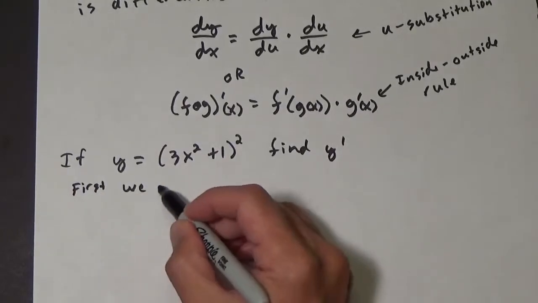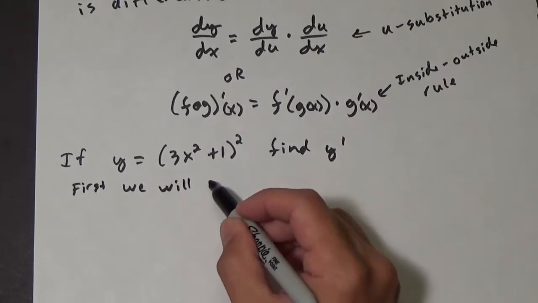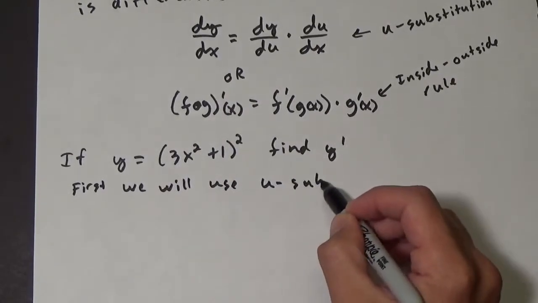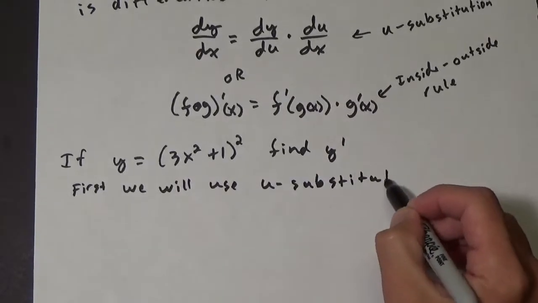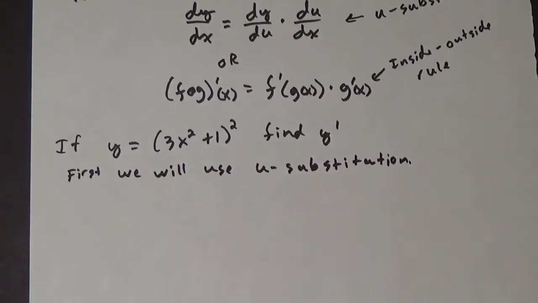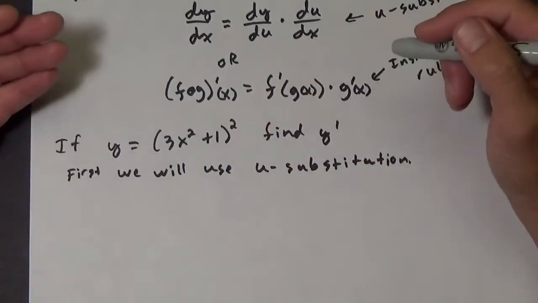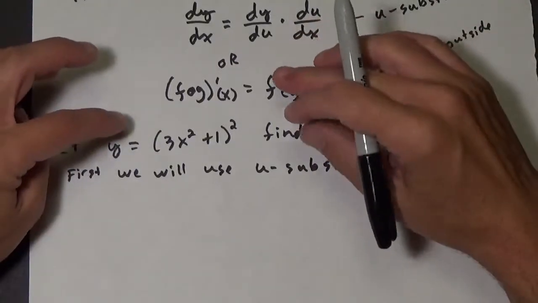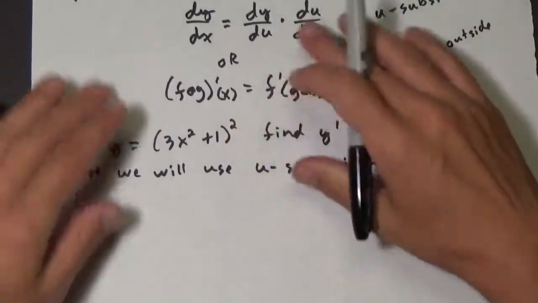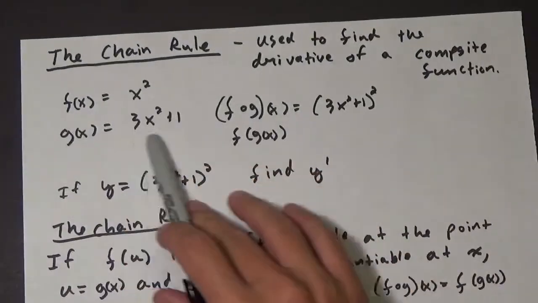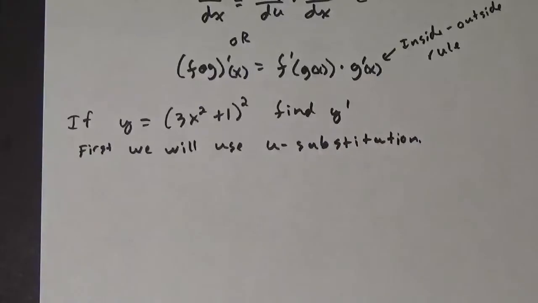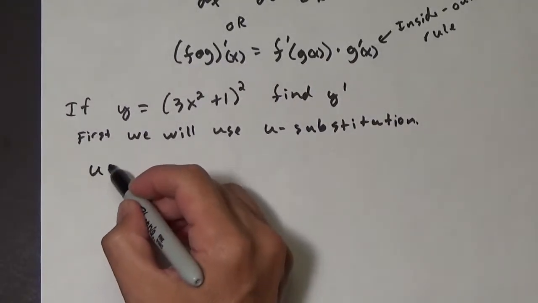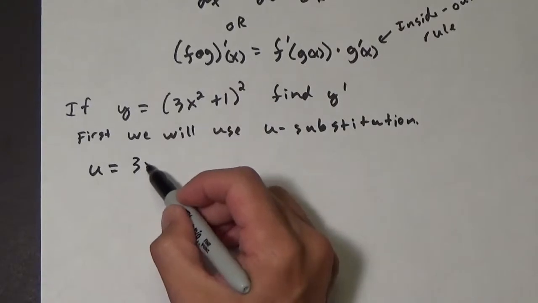Okay, so when we use u substitution, the first thing we have to do is pick what u is going to equal. And in general, you always want to pick something that's inside the other function. So you want to pick the inside part. The inside part is 3x squared plus 1, that's what we're going to use. So we will say that u equals 3x squared plus 1.